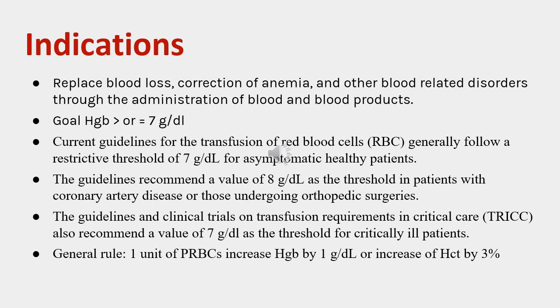But we typically follow a more restrictive threshold for the transfusion of blood, and that is a hemoglobin level of 7. There are lots of factors that come into play with this, and the combination of blood availability, the risk of transfusion reaction, and the overall benefit to the patient, we see that the level of hemoglobin of 7 tends to be the most common evidence-supported guideline that we see.